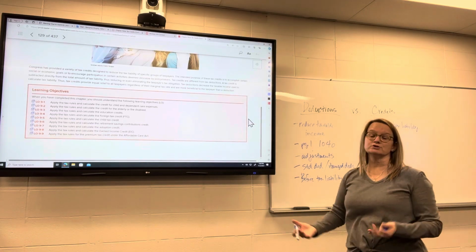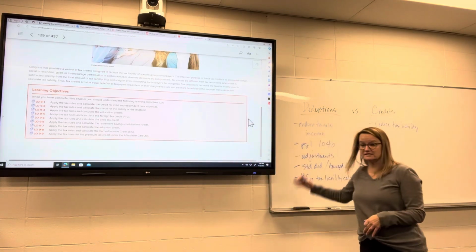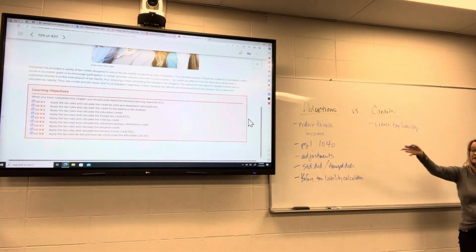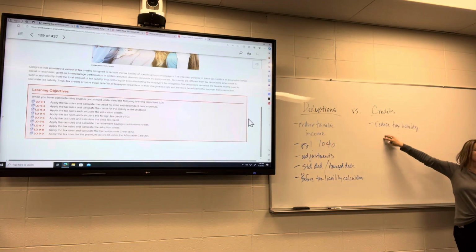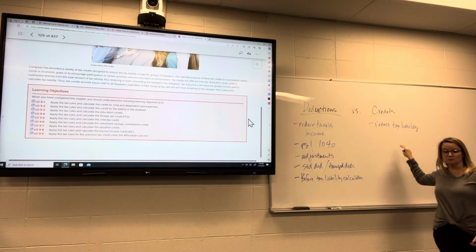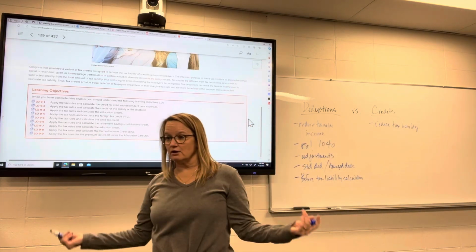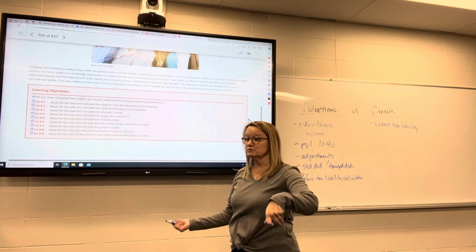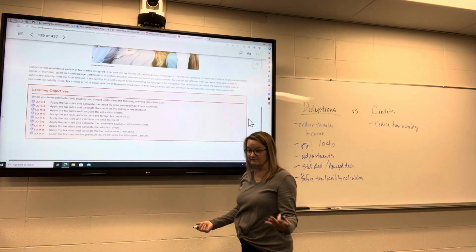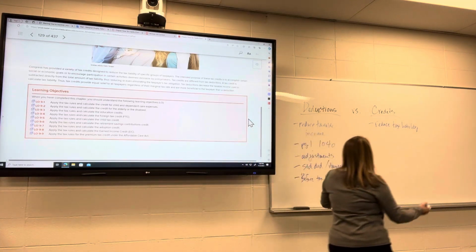Whatever our marginal tax rate is, that's the amount that deduction is going to reduce our tax by. Credits will reduce our tax dollar for dollar based on the amount of tax that we owe. So if we owe $1,000 and we are entitled to a $500 credit, that is going to reduce our tax down to $500, right? So it's going to be dollar for dollar.